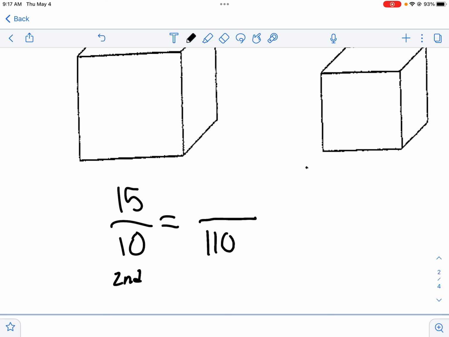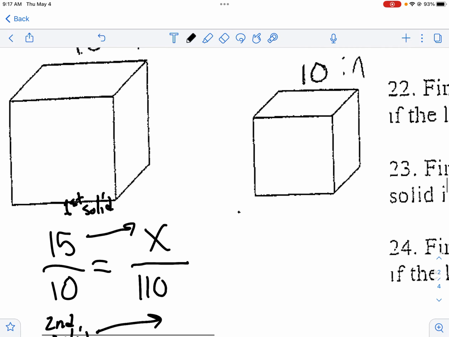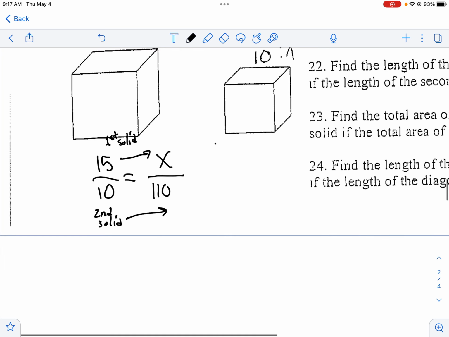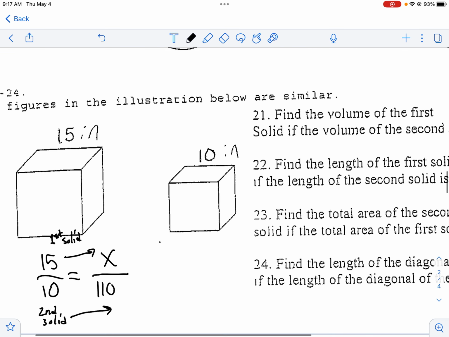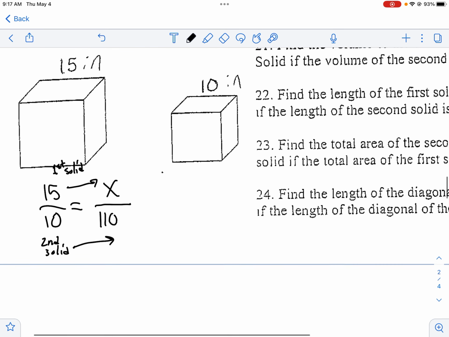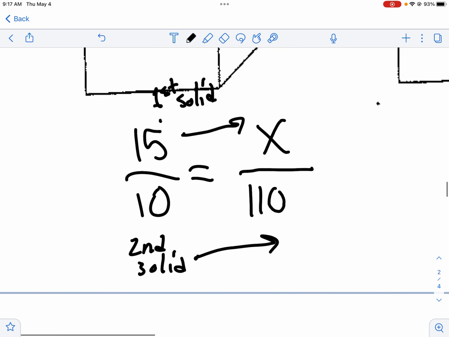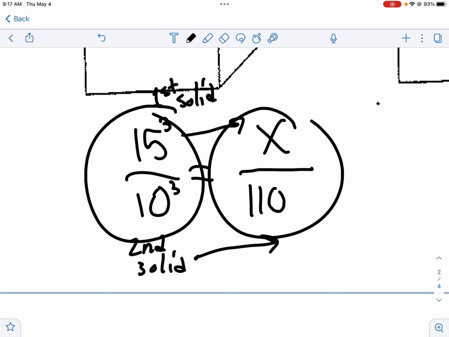The first solid is on top, and our x, what we're trying to find, is also the first solid. So the first solid things are both on top, the 15 and whatever we need to find. On the bottom we have a side of 10 in the second solid, and we know that the volume is 110. That's how you set up these proportions, and you go ahead and solve once you cube both of these, because we need a ratio of volumes equals a ratio of volumes.